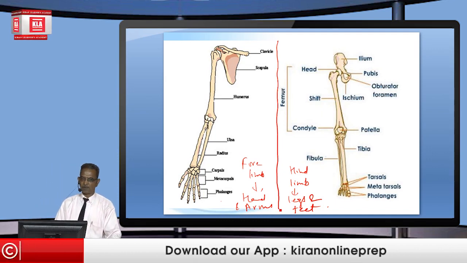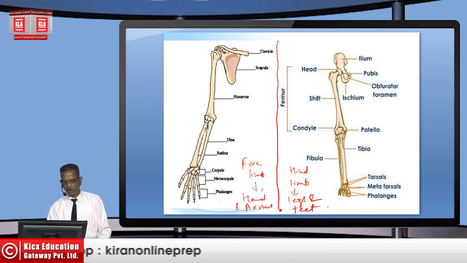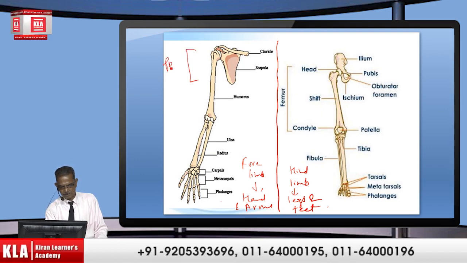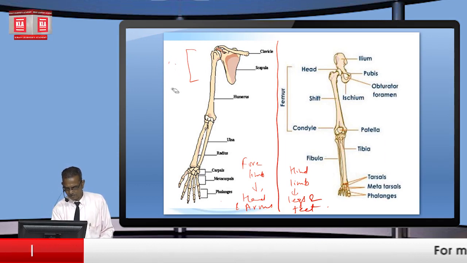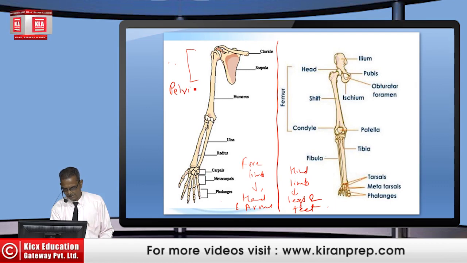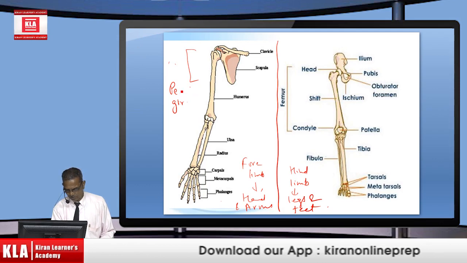Now, when we're looking at the forelimb, we have got the shoulder blade. This is what we call the pectoral girdle.